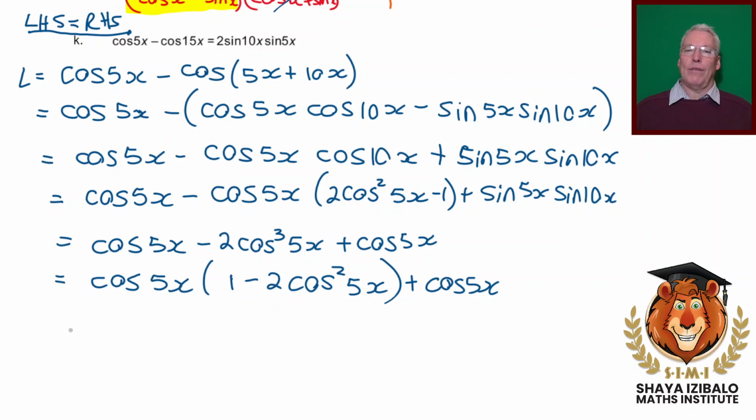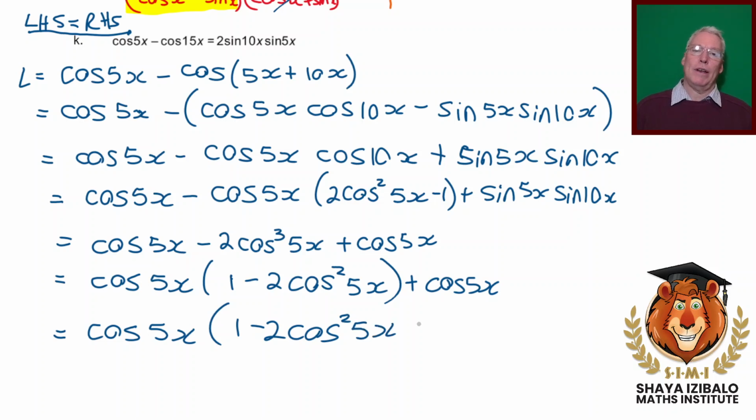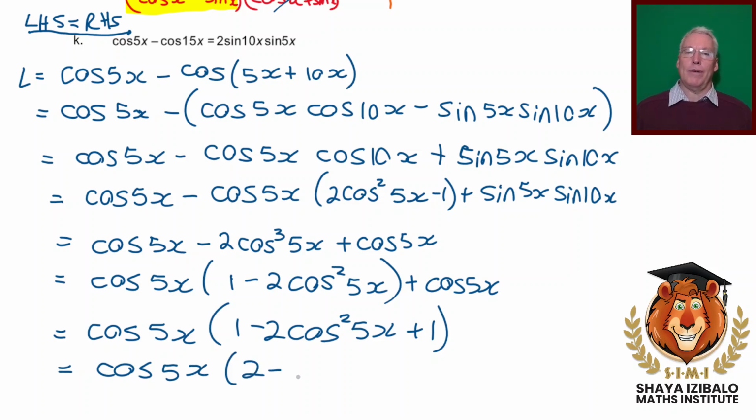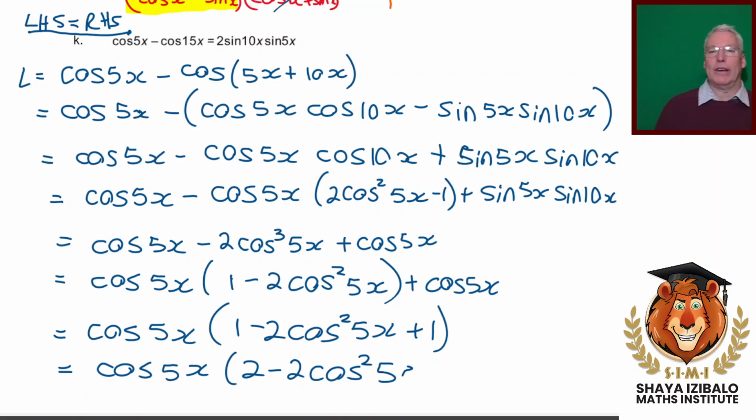If we took out a cos 5x now from these terms, we would get 1 minus 2 cos squared x, cos squared 5x plus 1. And then we would get cos 5x times 2 minus 2 cos squared 5x. Okay, it's not looking good.